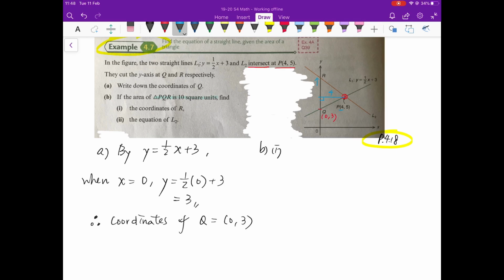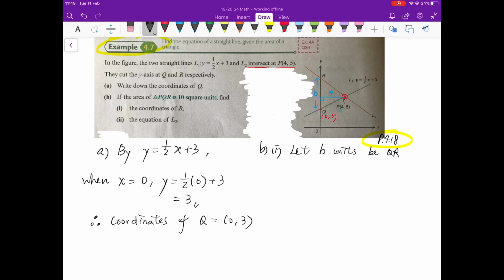The next one, QR, is an unknown, but it is representing the base of the triangle. So in this question, we will let b units be the length of QR.